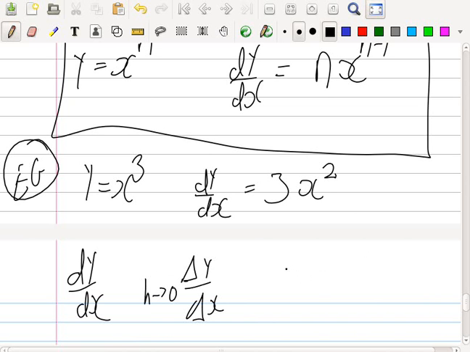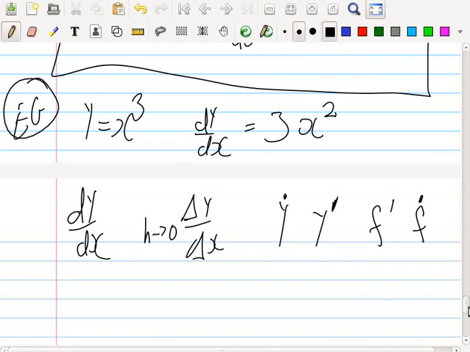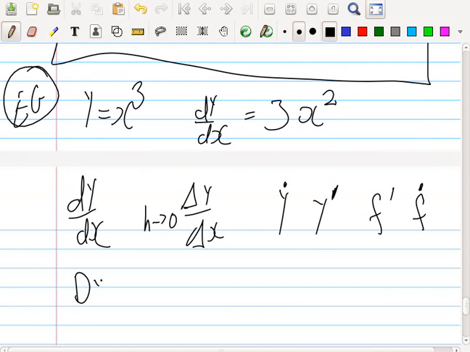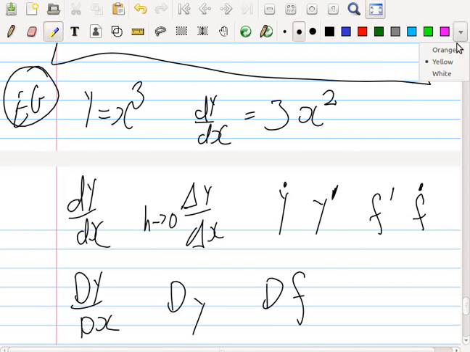And some people like to write y dot, y dash, or y prime, f dash, f dot, capital, like this. So these are all the different ways to mean slope of tangent, to mean derivative. Although the most common would be this one here, and also this one here.